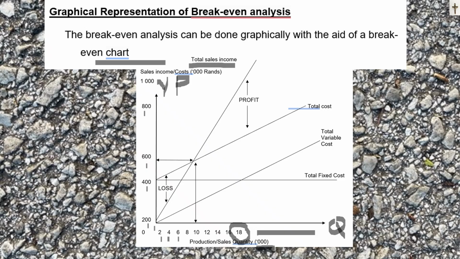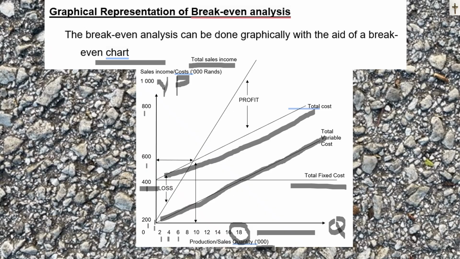Now, if 0 files were produced, there's still a fixed cost of 400,000. There's a variable cost on top of the fixed cost. The total variable cost was 20 Rand per unit.